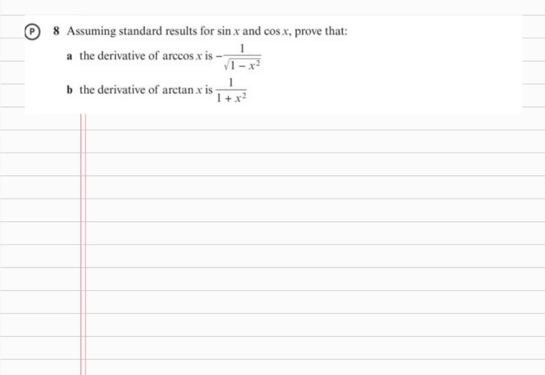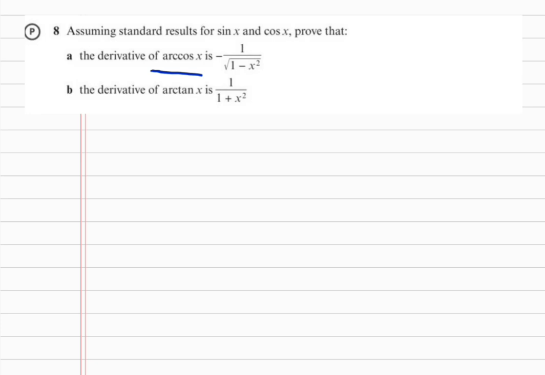So this is again more about differentiating these trigonometric functions directly rather than using standard results, because here it's about proving. So this is a standard result that the derivative of arccos x is minus 1 over root 1 minus x squared.